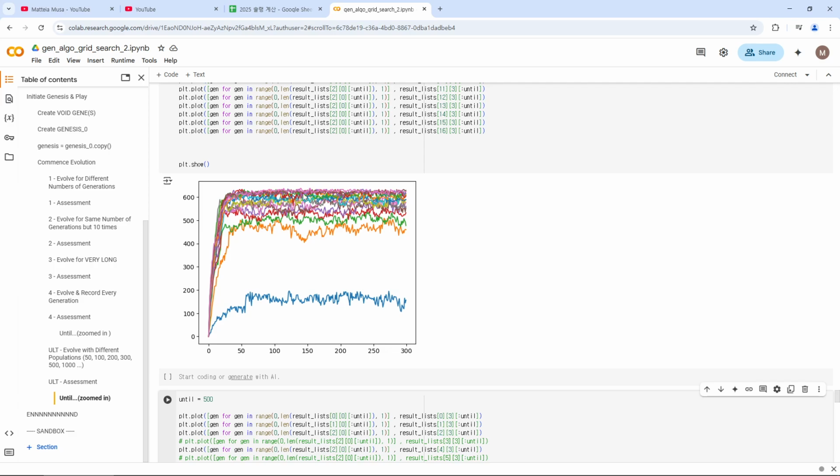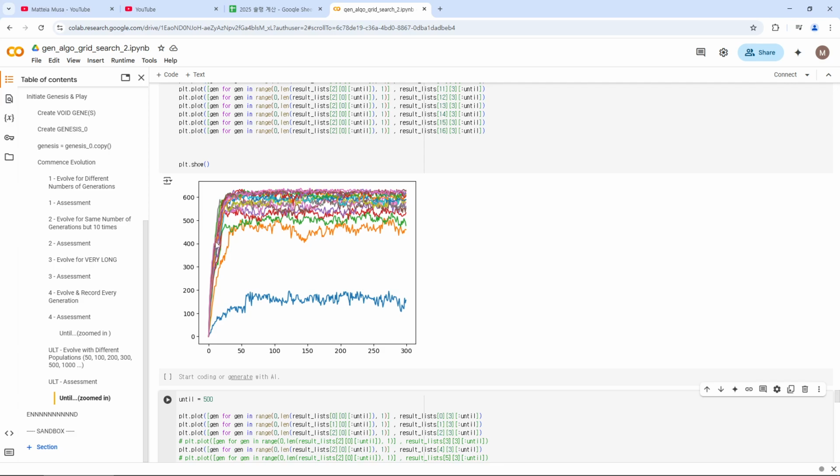They still do oscillate, but a bigger population just reaches there a lot more quickly, which is obvious, because the more you have, the more likely it is for you to get more entities that are relatively better, and they also get to procreate and reproduce more, and then it adds up.